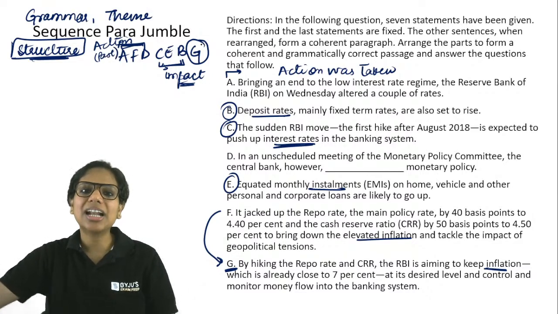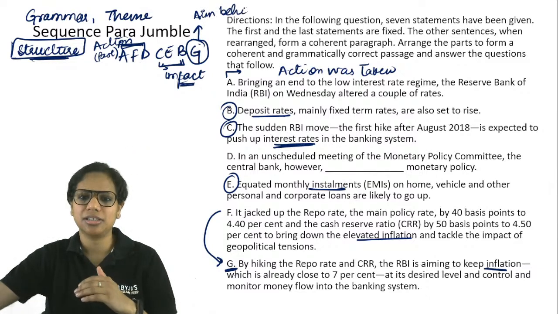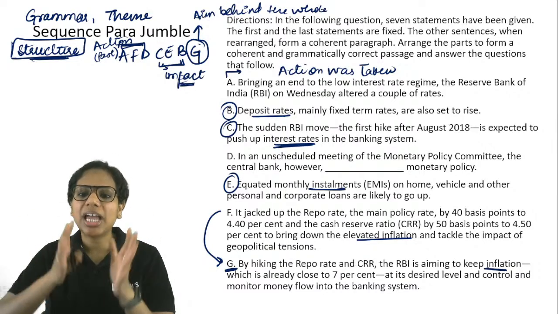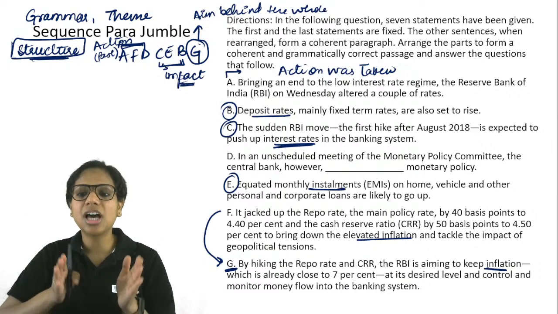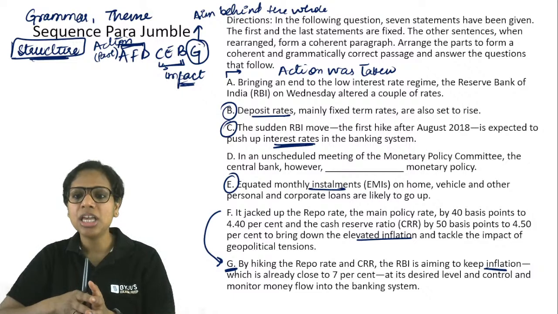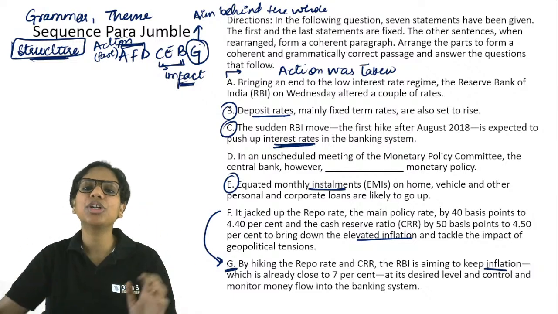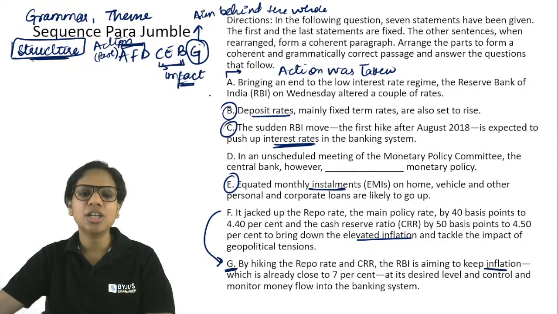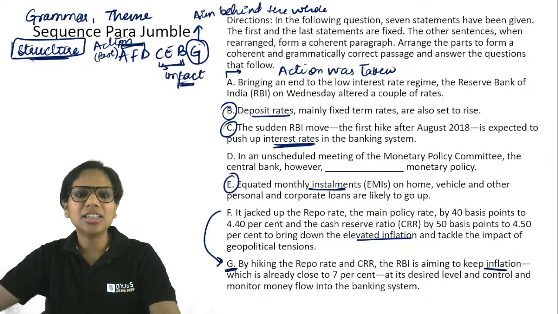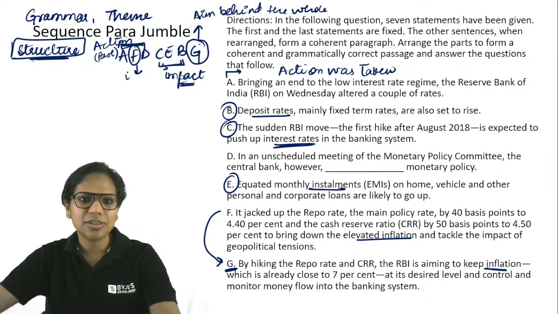The impact and the reason, the aim behind this whole thing, is that by hiking the repo rate and the CRR, the RBI is aiming to keep inflation at its desired level and control and monitor money flow into the banking system, right? So we have talked about inflation in the part F, right?